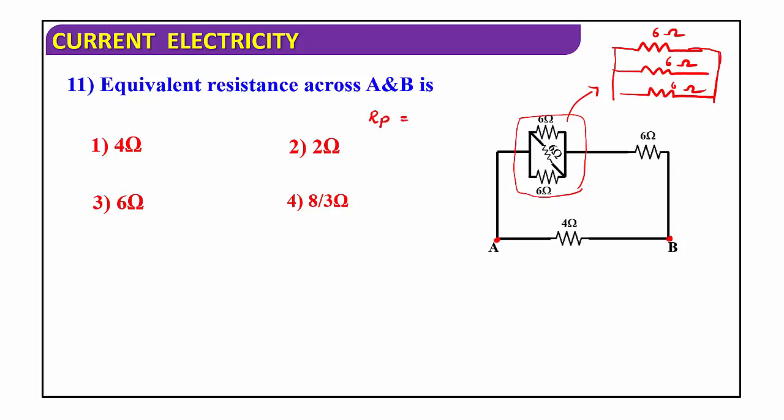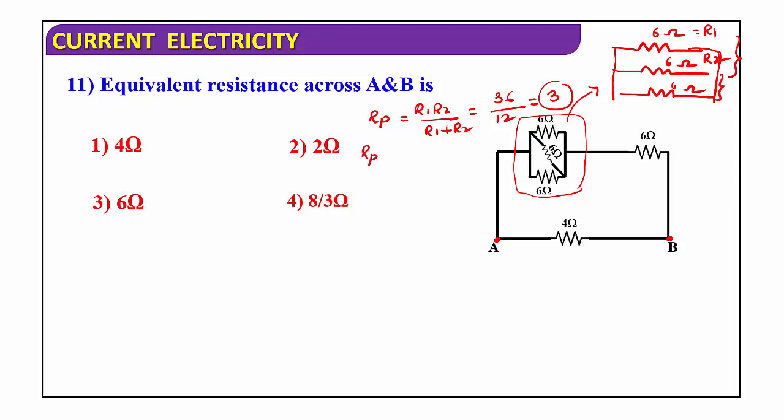First, let us consider this is R1 and this is R2, and find only these two values. We have the formula R1 R2 divided by R1 plus R2. So 6 into 6 is 36, 6 plus 6 is 12, so we got the answer 3. Now this combination is connected in parallel with another resistor.